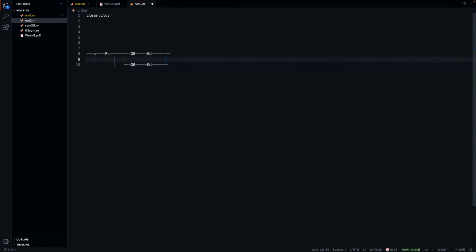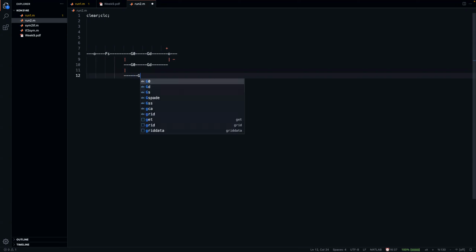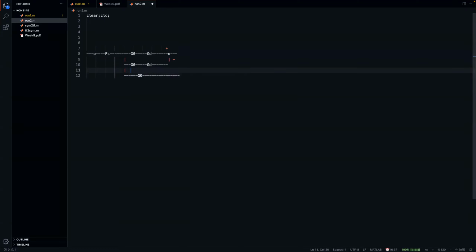And here we have another summation point, whereas this is negative and this branch is positive. So we are basically taking the difference. And also, we have another branch that goes like G0, like this. Let me edit afterwards.